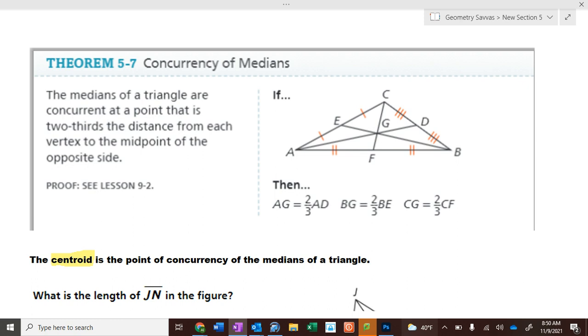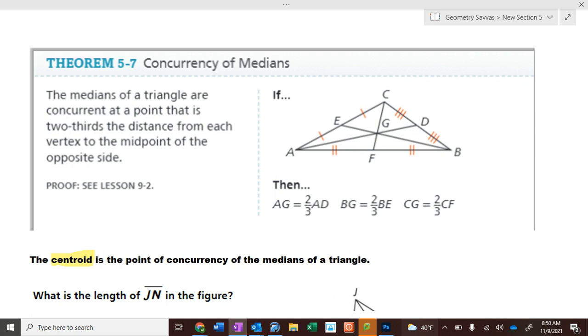Okay, the next important thing about medians. The median is AD. AG is 2/3 of the length of AD, okay? Because it hits the point of concurrency 2/3 away along from the vertex to the opposite side.